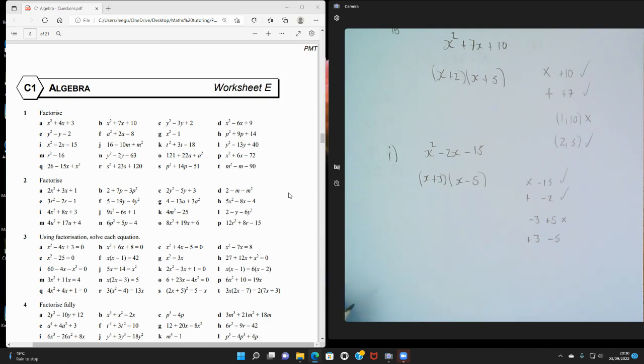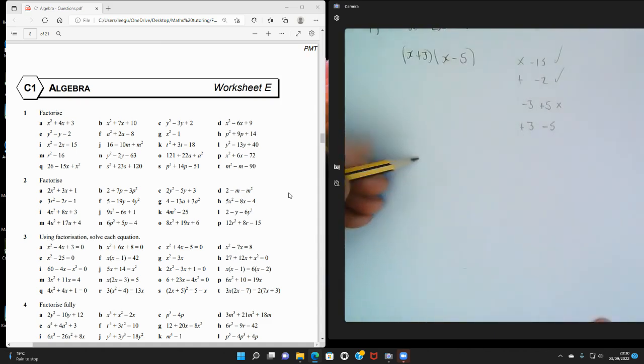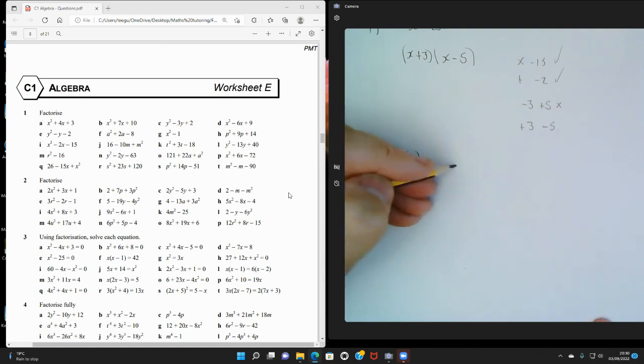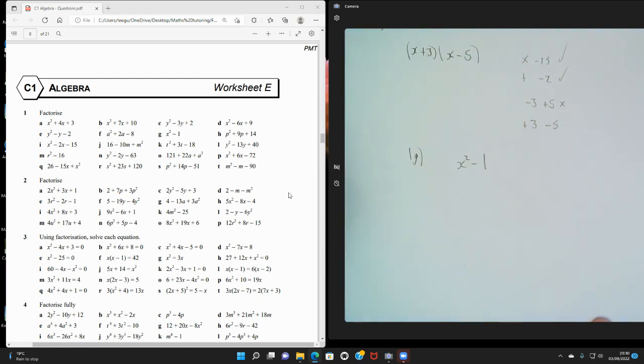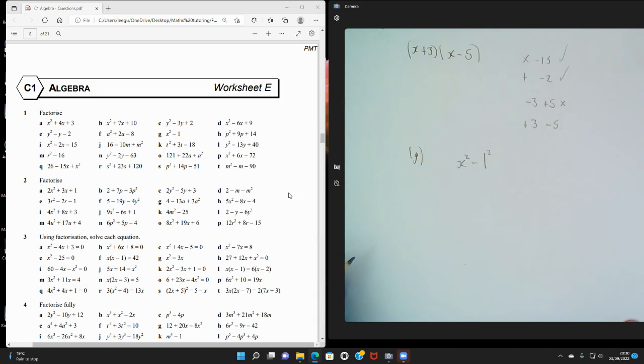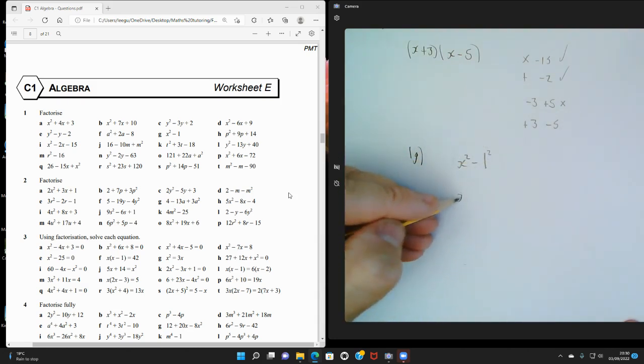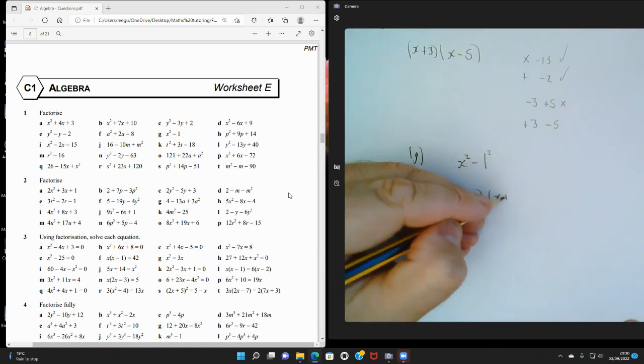There is another instance I want to look at with you, which is question 1g. In 1g, we have got an expression to factorize, which is x squared minus 1. Now this is a special kind of thing. This is called the difference of two squares, because 1 could be thought of as being 1 squared. This factorizes into x minus 1 and x plus 1.